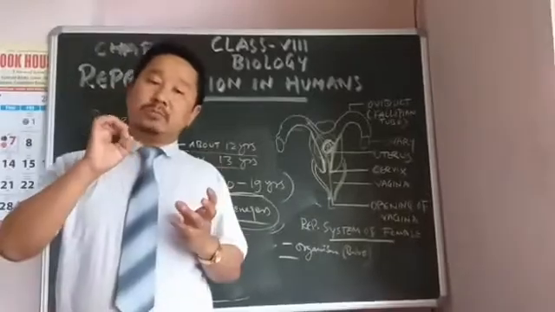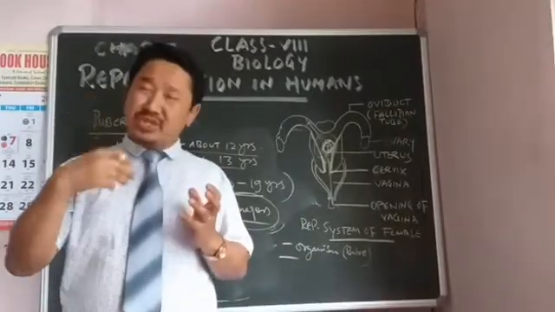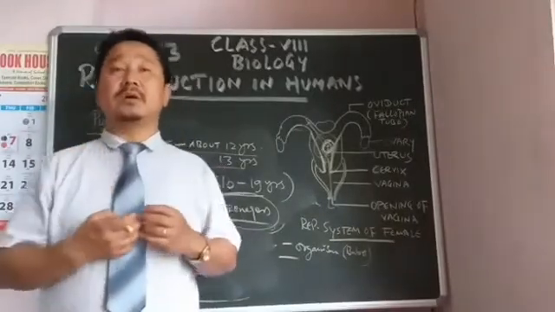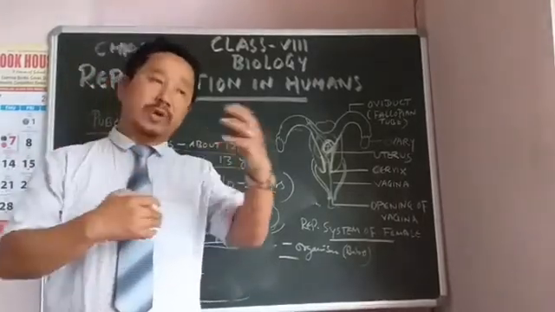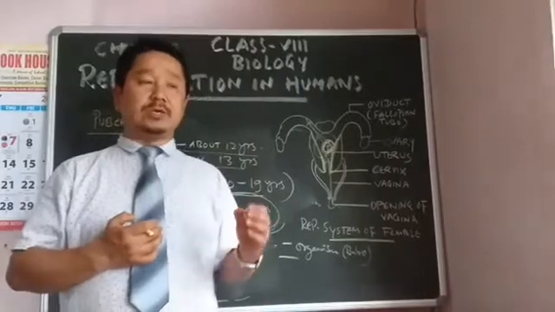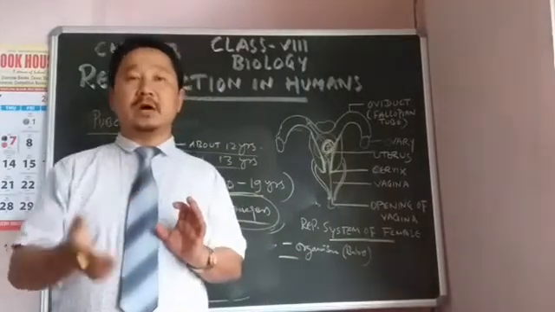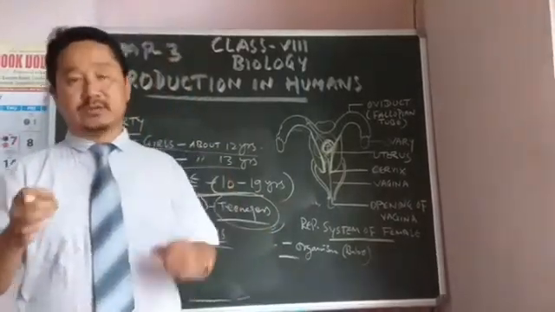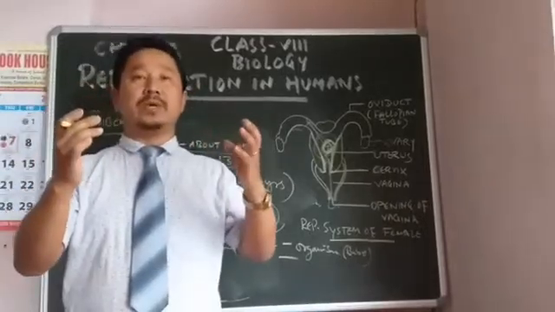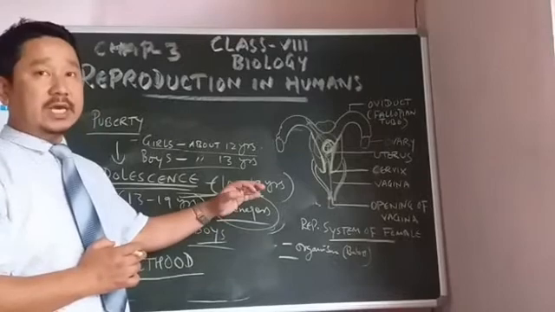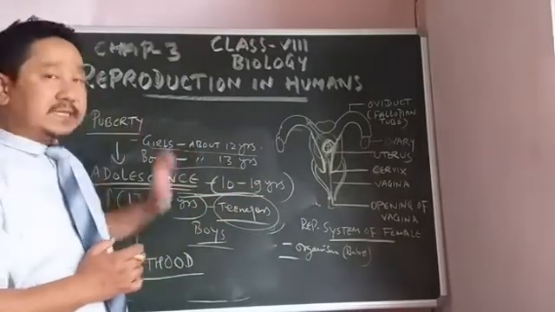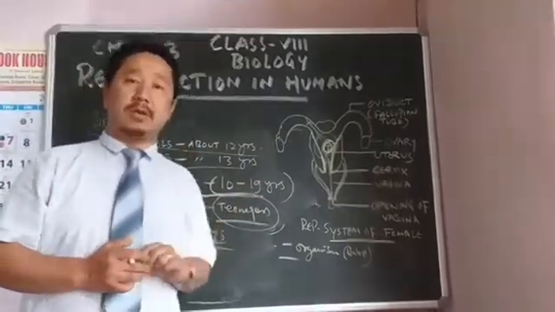You start thinking of the pros and cons of something which you are going to do, before you do it. So that way you would be matured enough once you cross 19. So this particular stage of life is called adulthood.